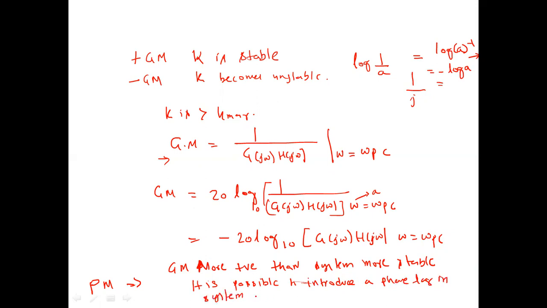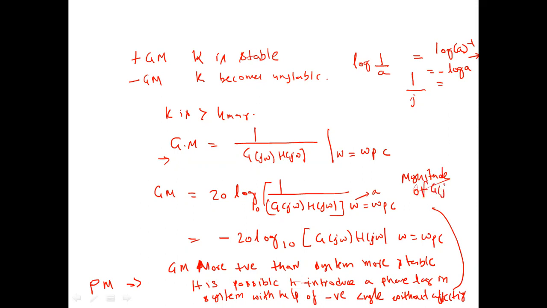Phase lag would be introduced with the help of negative angles, without affecting the magnitude of G(jω) and H(jω). So this is basically the definition.